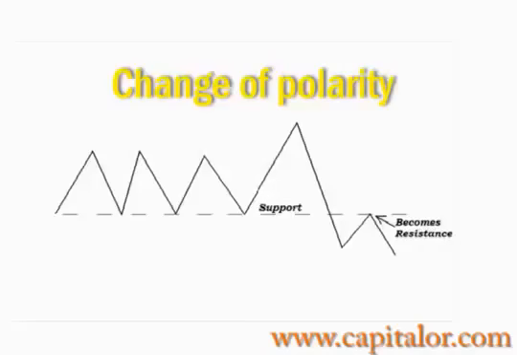Even though this pattern might be easy to remember, I will make it even easier by showing a simulation, and this simulation shows a resistance which then turns into a support.